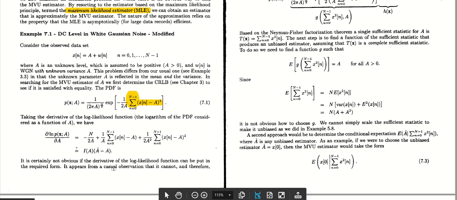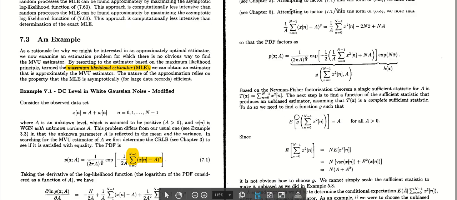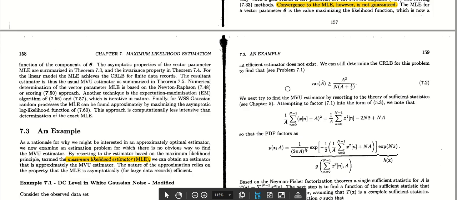Okay, it appears from a casual observation that it cannot, and therefore an efficient estimator does not exist. We can still determine the CRLB for this problem to find out, but we'll do it in the problem set. Okay, so to find out the CRLB is like this.